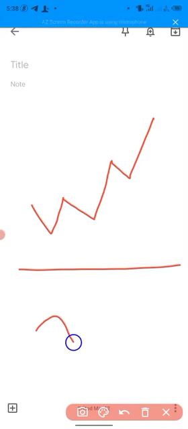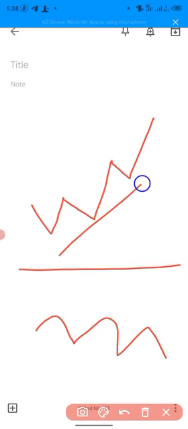Let me illustrate the example of a hidden bullish divergence. See that they are doing different things.